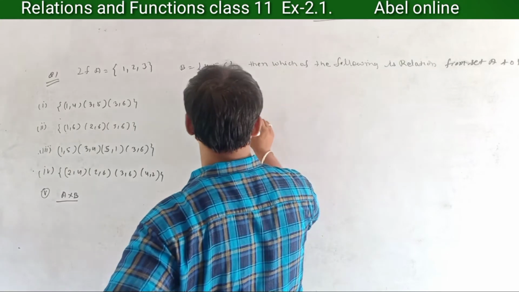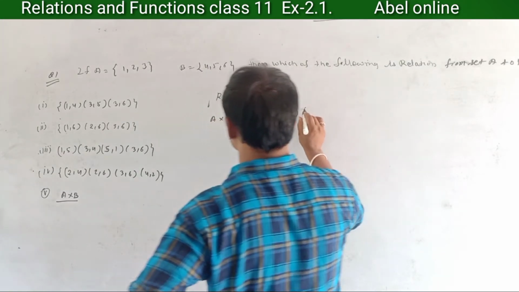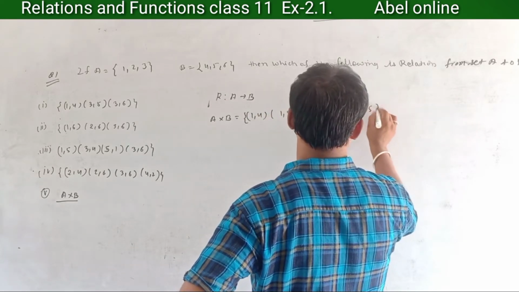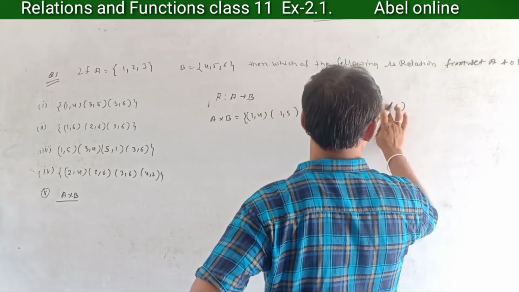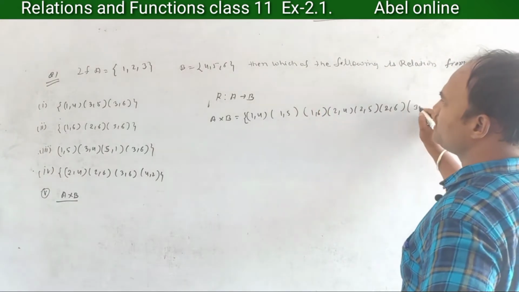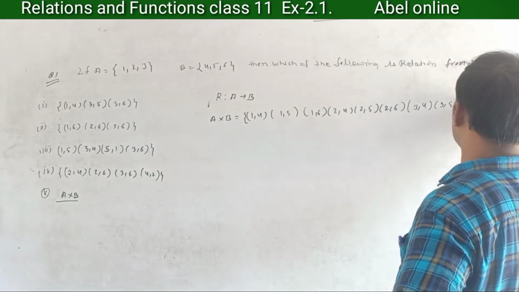So we get (1, 4), (1, 5), (1, 6), then (2, 4), (2, 5), (2, 6), and next (3, 4), (3, 5), (3, 6).